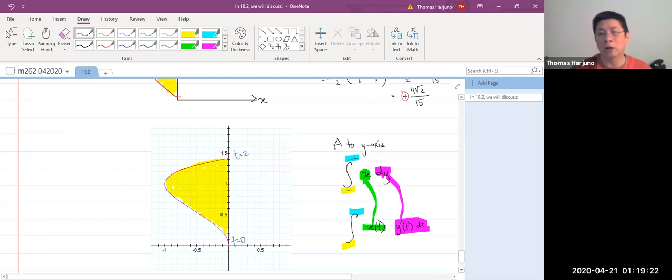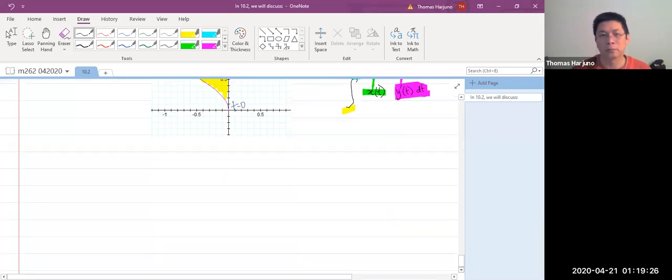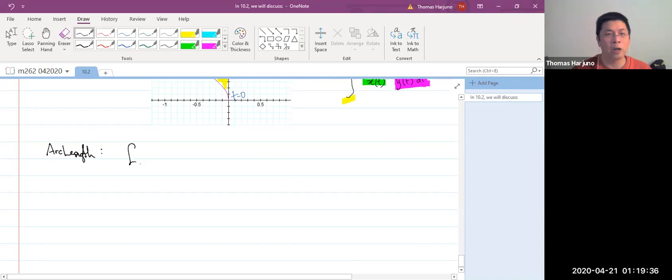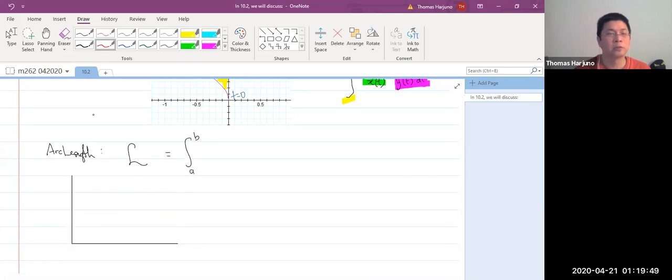Okay, how about arc length? The arc length that we learned before, we know that's the integral from A to B. Let's give the picture first. So let's say this is the curve.